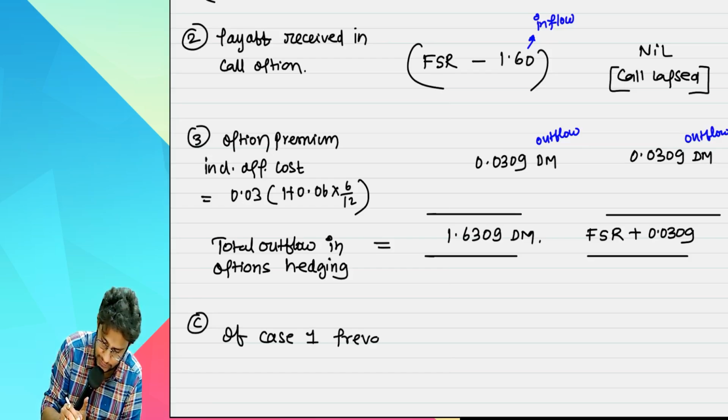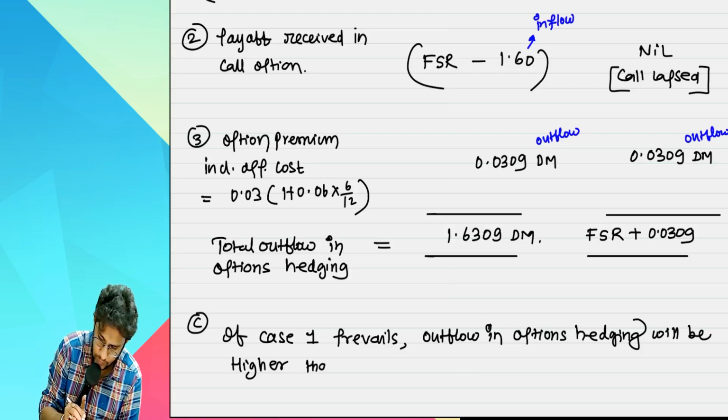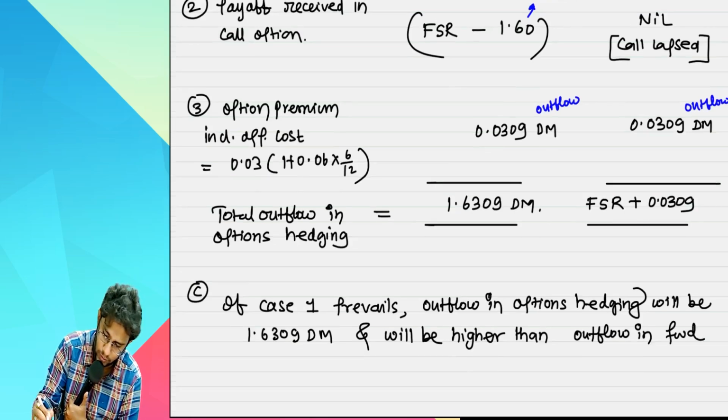If case 1 prevails, outflow in options hedging will be higher than 1.6309 dm, and will be higher than outflow in forward hedging.